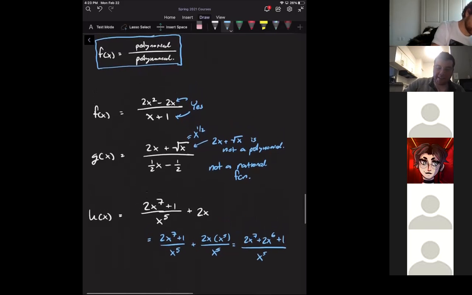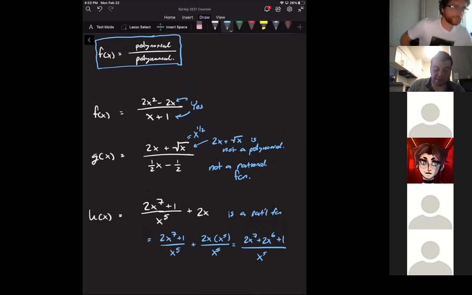So it turns out that this is a rational function. But I think, Aaron, you said you didn't think it was. I think that was smart to think that it wouldn't be because it doesn't follow the definition. So this is just kind of a tricky one where it doesn't look like the definition.